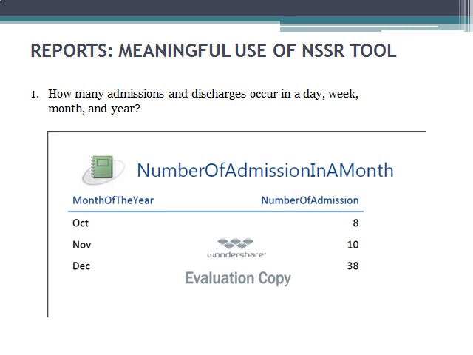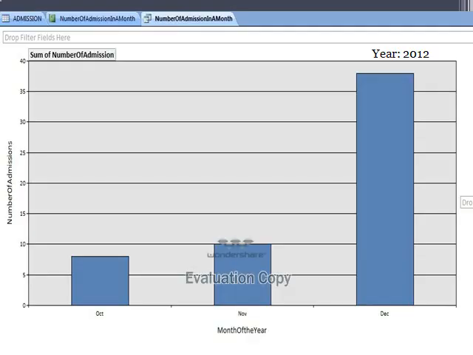Our tool has the capability to generate reports in bar chart form. You'll see the same report in chart format in the next slide. As you see here, the y-axis shows the number of admissions and the x-axis shows the month of the year.